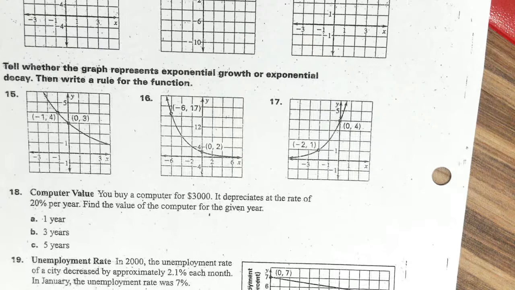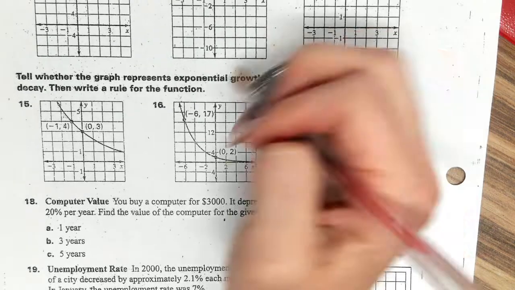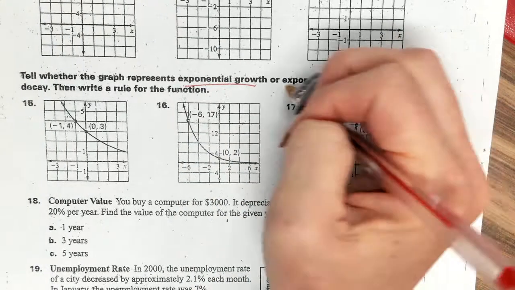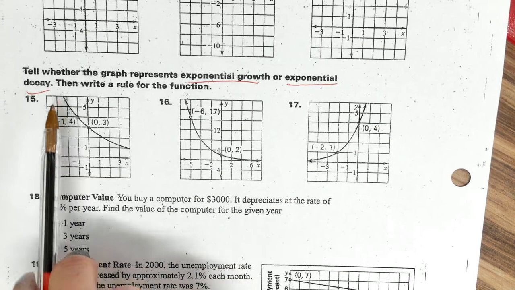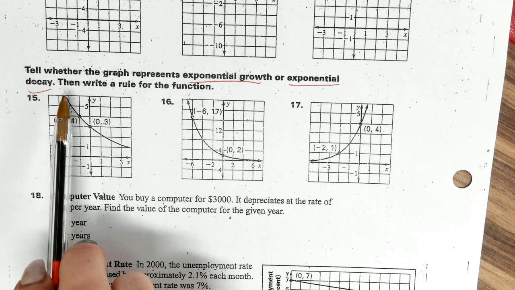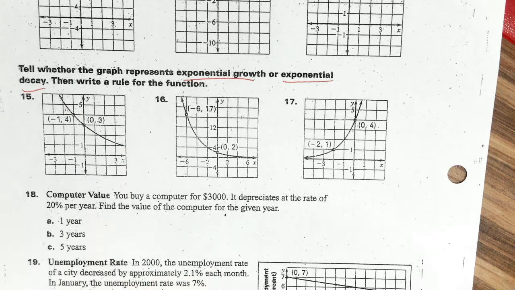Now, on 15 through 17, how do you know if it's showing exponential growth or exponential decay? It's how the graph is shifting. So if I'm starting over here from left to right and I am just totally going down, what is that?